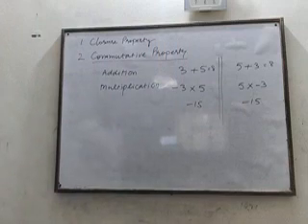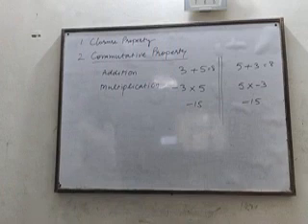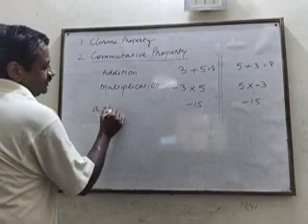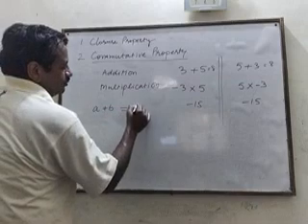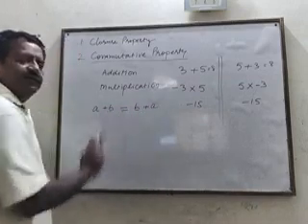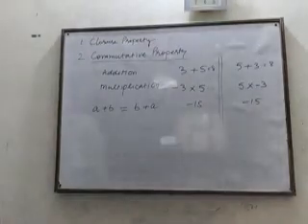So integers are commutative under addition and multiplication. So we can say that a plus b is always equal to b plus a, where a and b are integers.